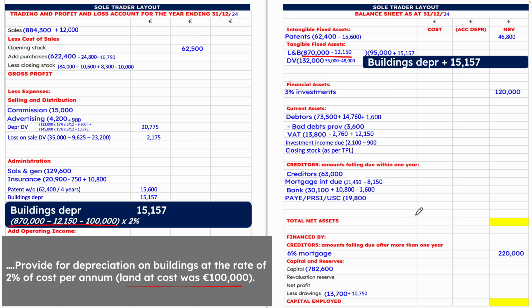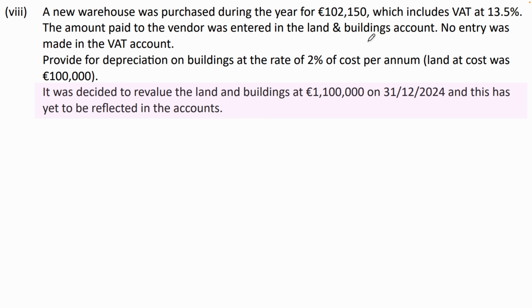Now what we're going to do then, we're going to add the 15,157 to the 95,000 accumulated depreciation. That's the second part done. The last part then is it was decided to revalue the land and buildings at 1.1 million on the 31st of the 12th 2024, and this has yet to be reflected in the accounts.